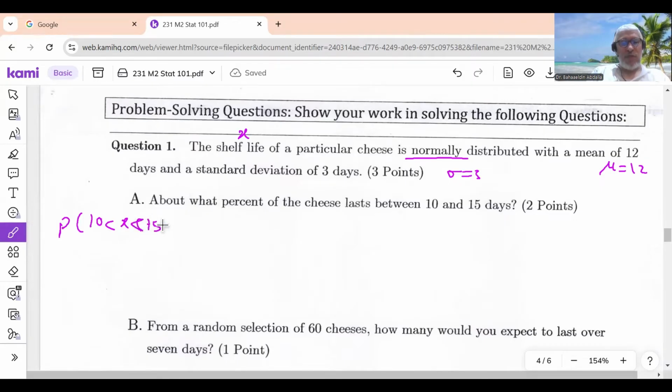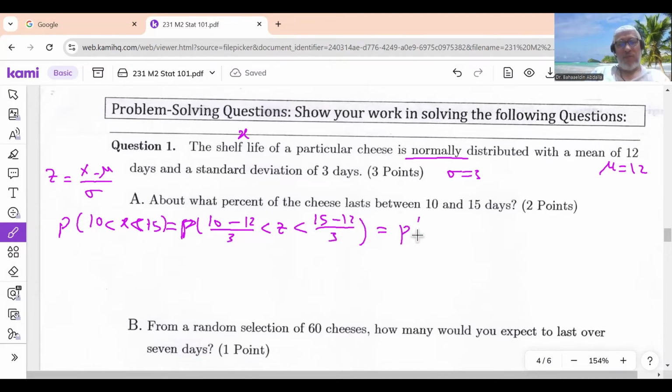I need to change X to Z. So Z is X minus mu over sigma. So the value of X is 10 here: 10 minus mu, which is 12, over sigma, which is 3, less than Z, less than 15 minus 12 over 3.